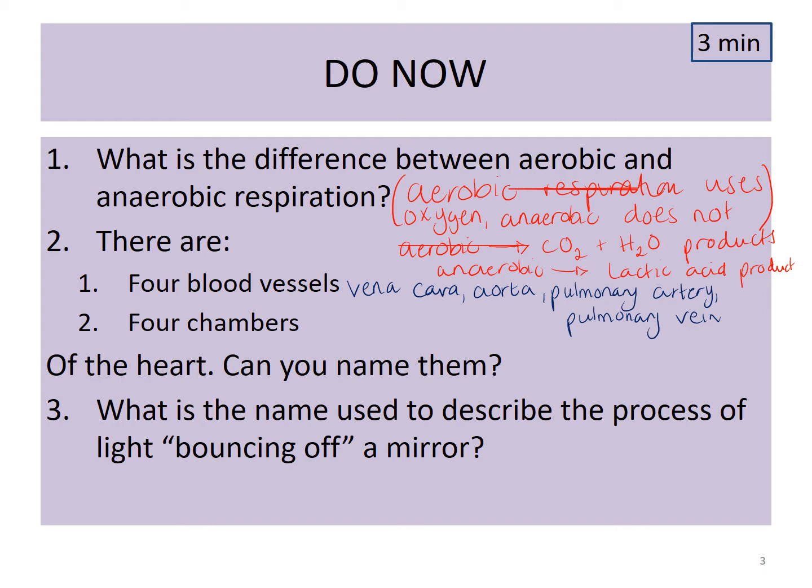And then the 4 chambers of the heart. I really like learning about the heart because it's always about the rule of 4s. There seems to be 4 of everything. So 4 chambers, can we name them? Of course we can.